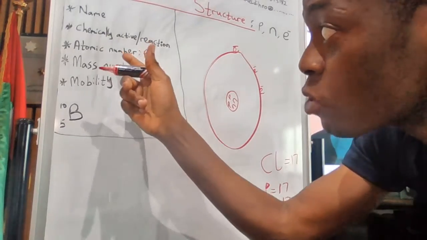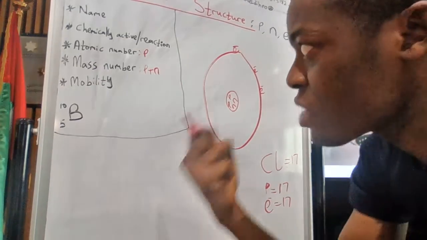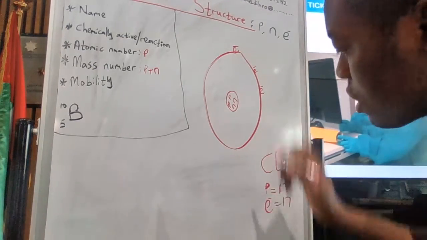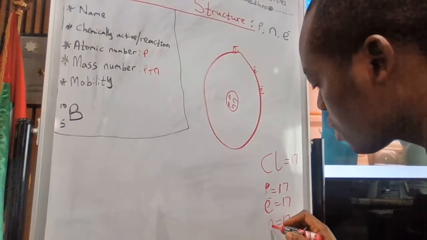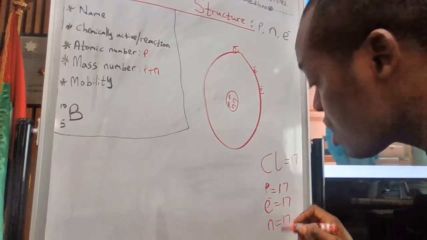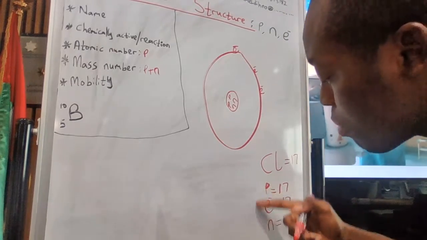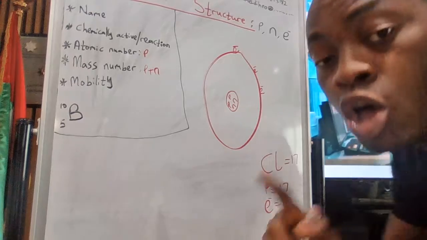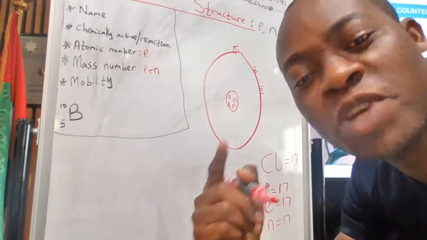The atomic number talks about what? Proton. The mass number, which talks about weight, is most of the time the neutron also. Most of the time the neutron is almost the same as the number of electrons. All these numbers are almost equal, not equal at all times, because we have different types of chlorine.